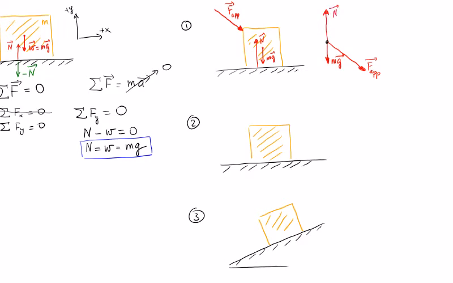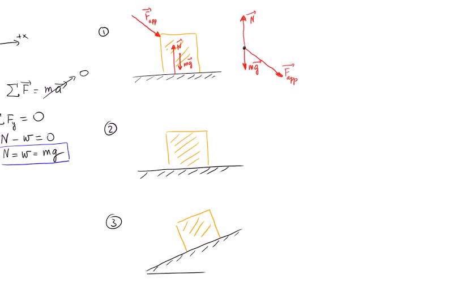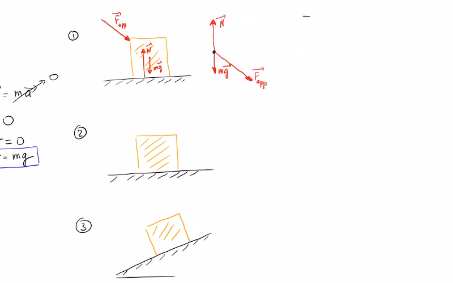Okay, so to find the normal force, we need to apply, the block is not moving, right? So there is no acceleration. If we apply Newton's second law for this case, we would say sum of the forces equals mass times acceleration, and acceleration is 0, so it equals 0.